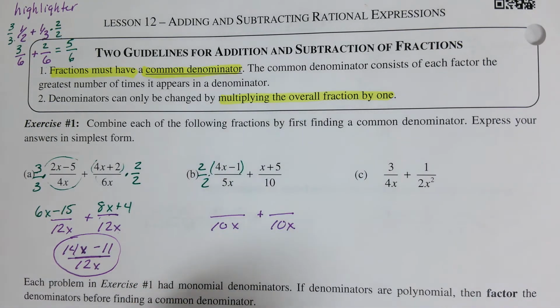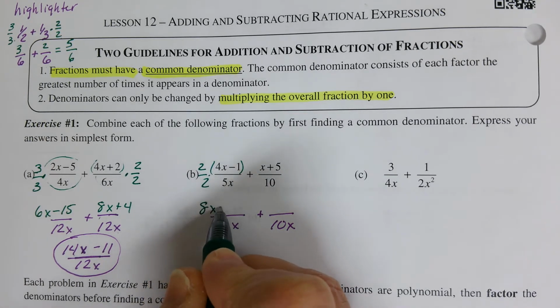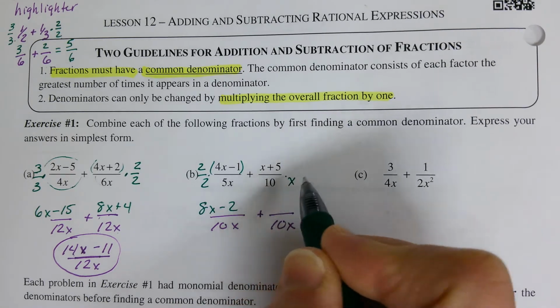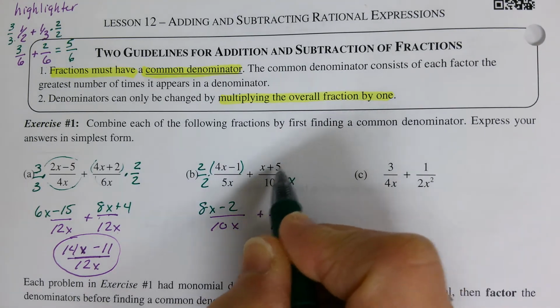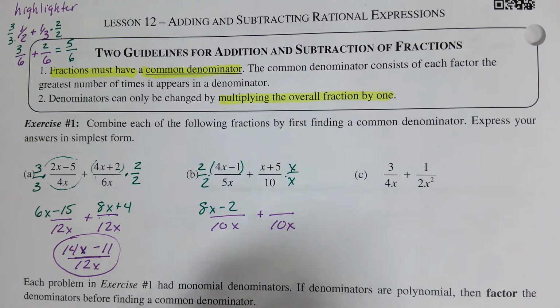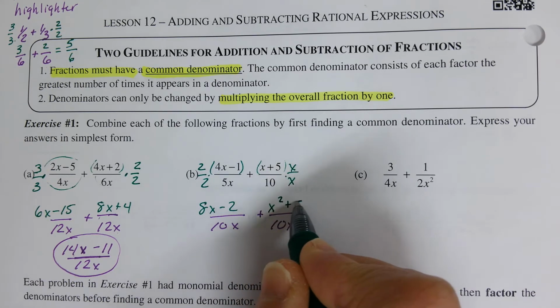Add in parentheses. In doing so, we have 8x minus 2. 10 times x will give us 10x, so we're multiplying this fraction by 1 in the form of x/x. x squared plus 5x.